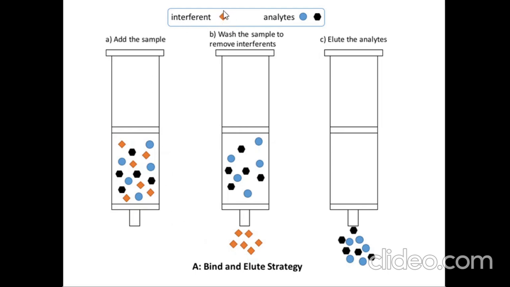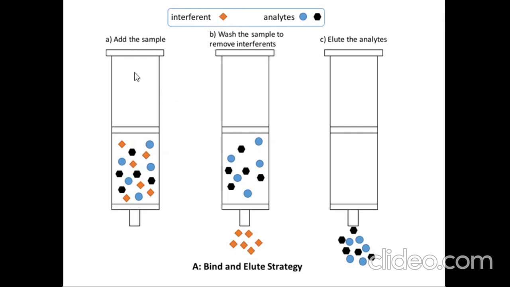This colored image is an interferent. That means we don't want this. This is an extraneous material. And the blue and black images are the analytes of interest. That means we want these analytes to be separated from these unwanted molecules.